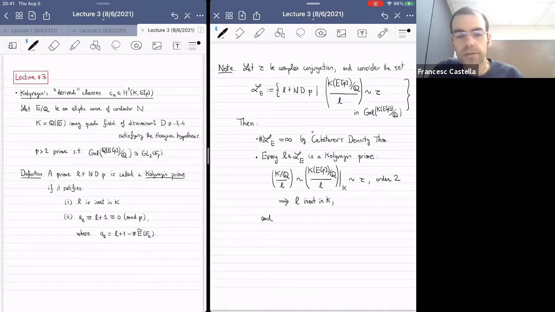The second one will be an easy consequence of, once more, the Eichler-Shimura congruence relation.